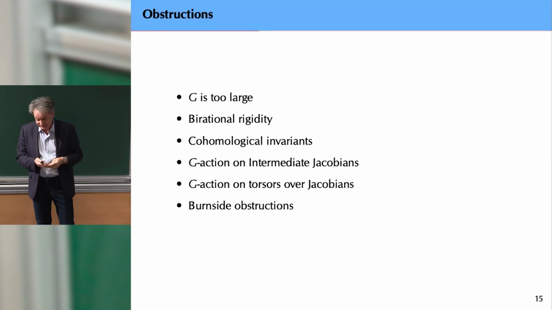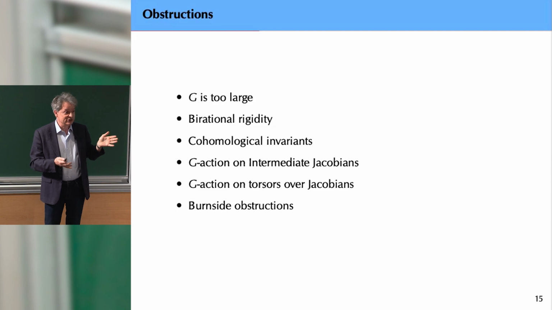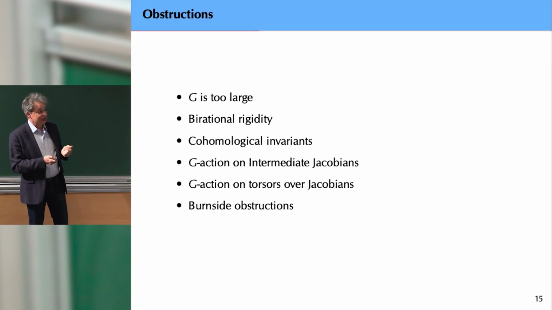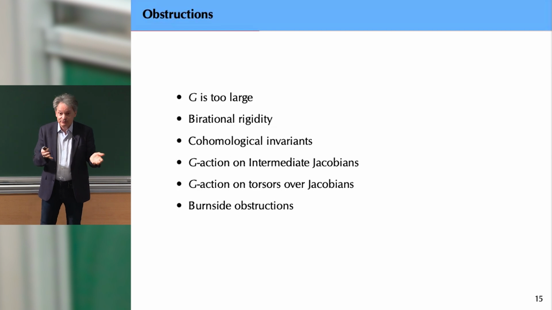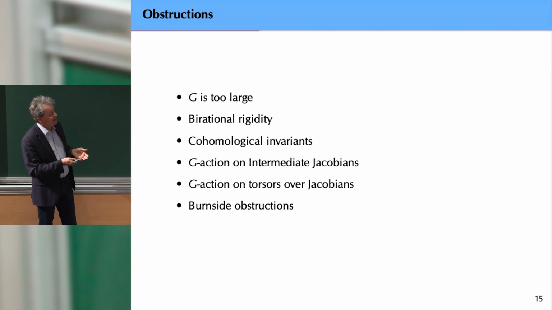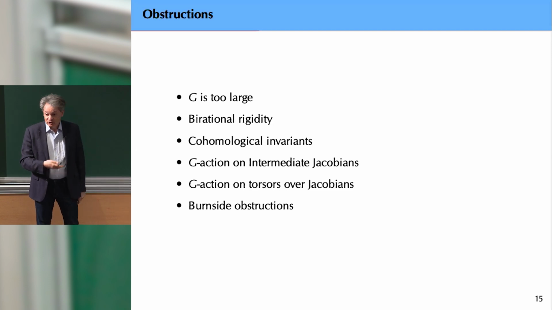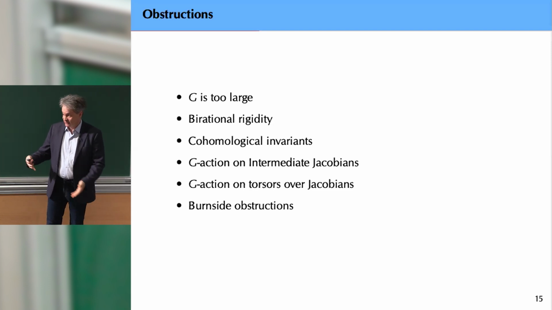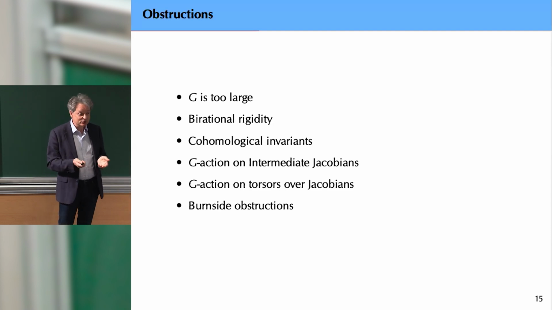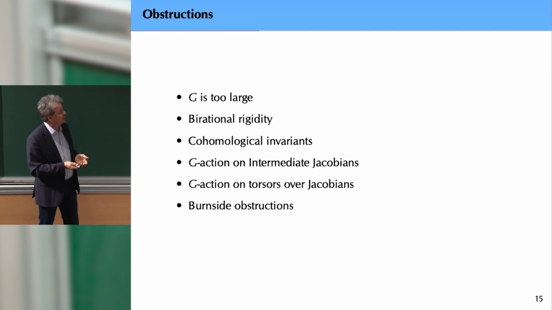Birational geometry has this notion of rigidity and equivariant rigidity. In other words, your variety with the G action just doesn't admit any other models, and so you can't be birational to projective space. Then there are some cohomological invariants, in particular H1. Then you can look at G actions on various associated varieties, in particular for three-folds intermediate Jacobians are important.